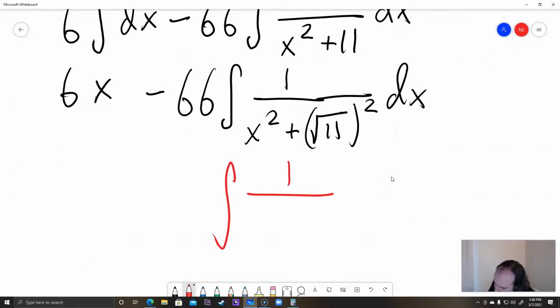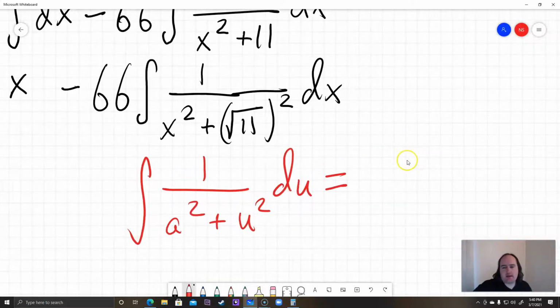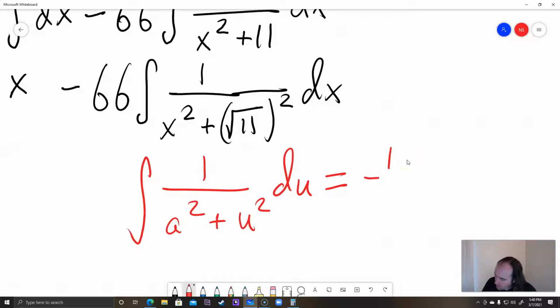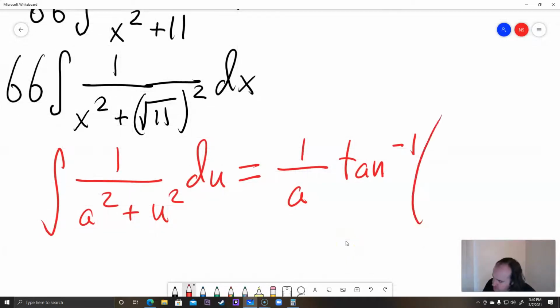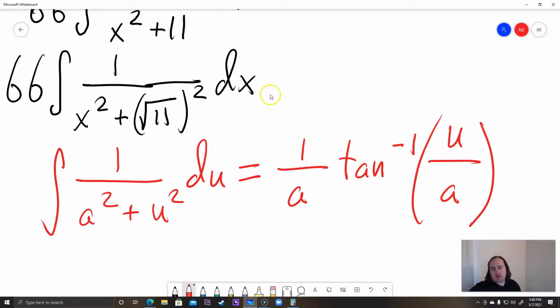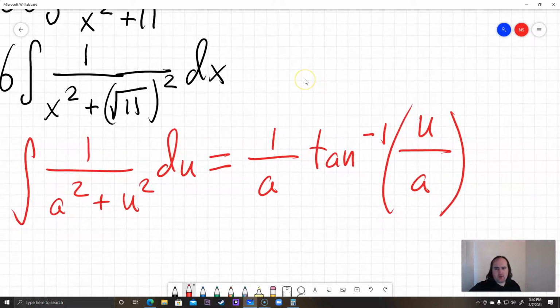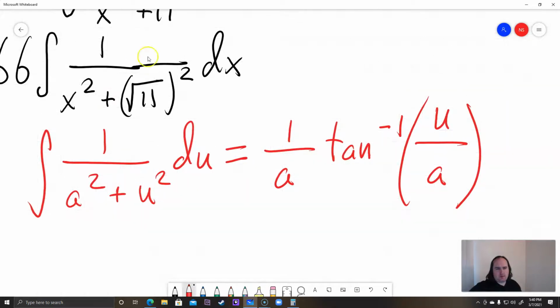It's going to equal 1 over a tan inverse of u over a, plus c. But we're going to be writing a plus c at the end for all these anyway. So what's a going to be here?